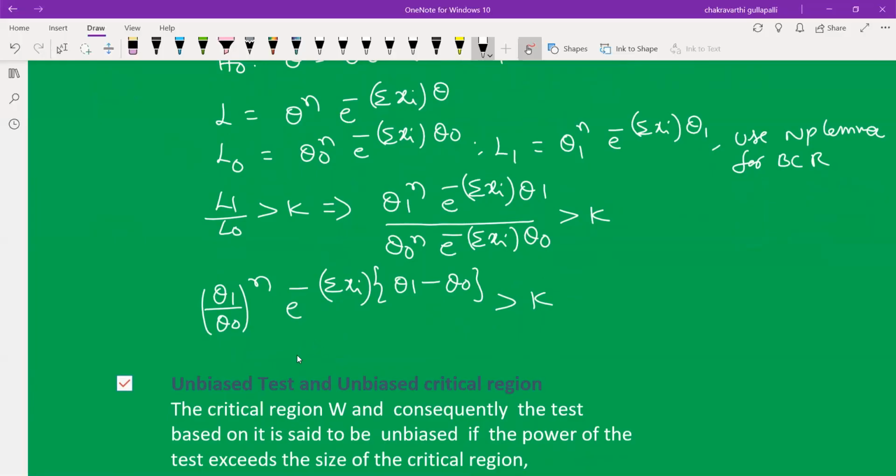Now apply logarithm on both sides: n into log theta 1 minus log theta naught, minus summation xi into theta 1 minus theta naught is greater than log k.